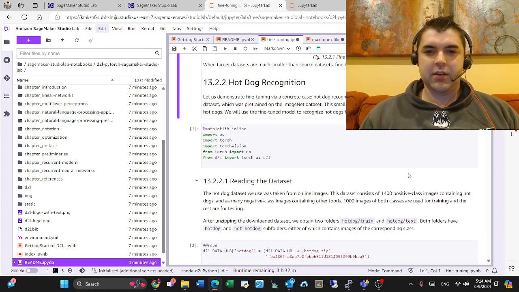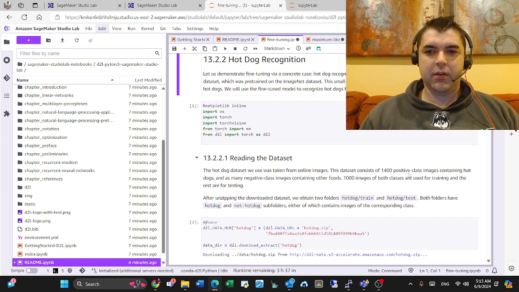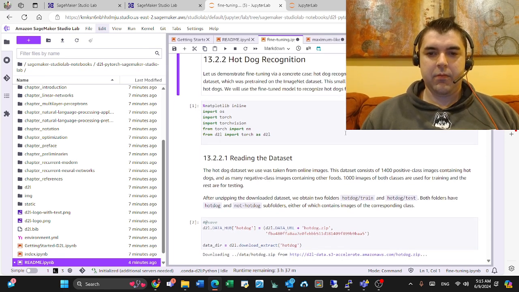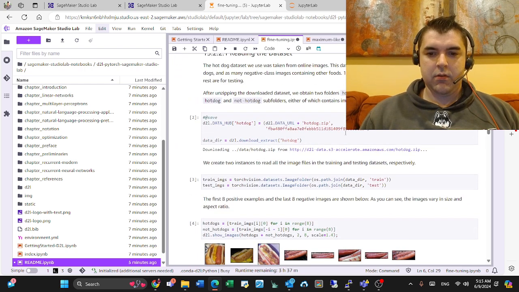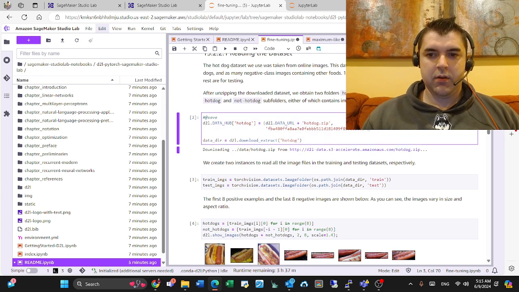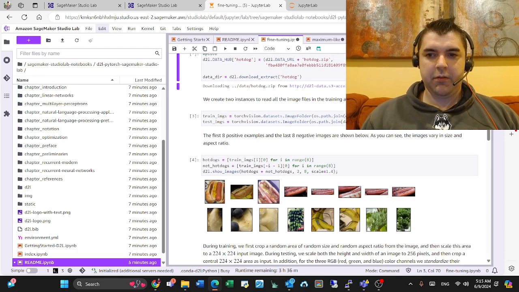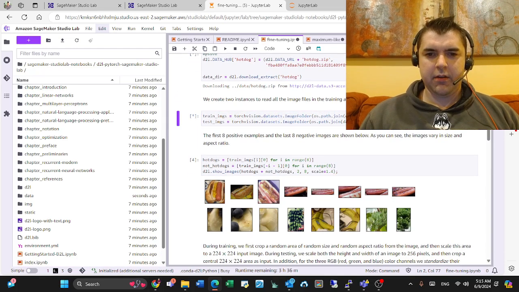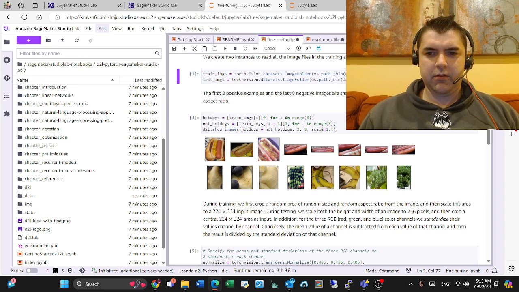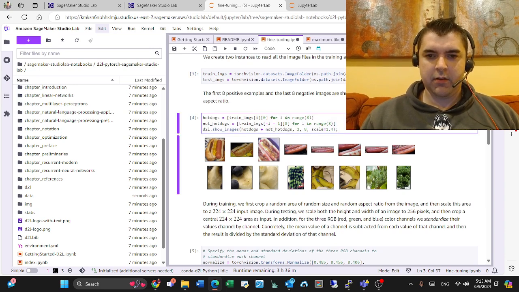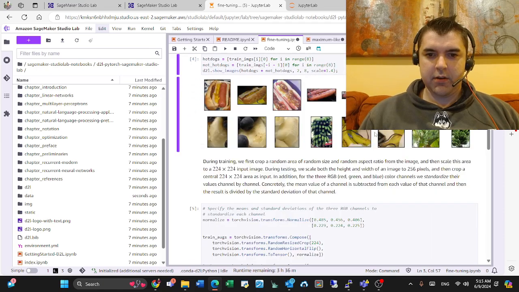Hot dog recognition. I remember this one. I think this was on Kaggle sometime, or maybe it was on the deeplearning.ai website, this hot dog thing. Hot dog or not a hot dog?